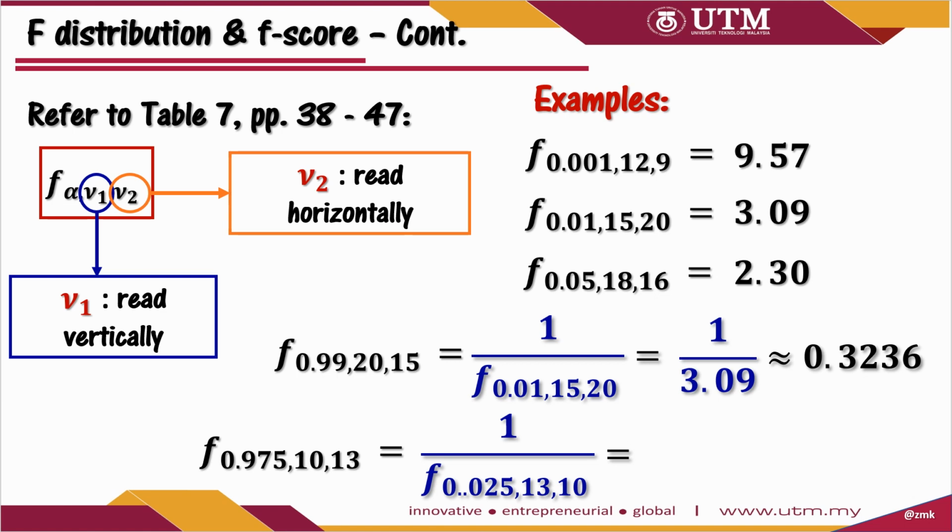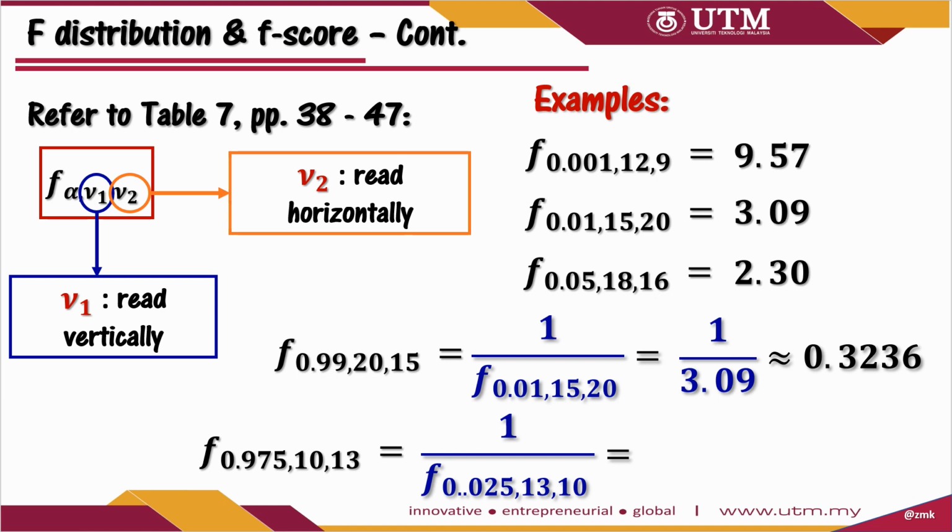Please notice the positions of nu1 and nu2. You can find F 0.025, 13, 10 from page 42, which gives a value of 3.58.